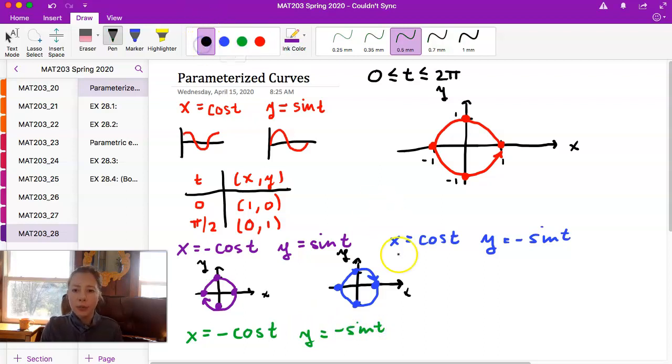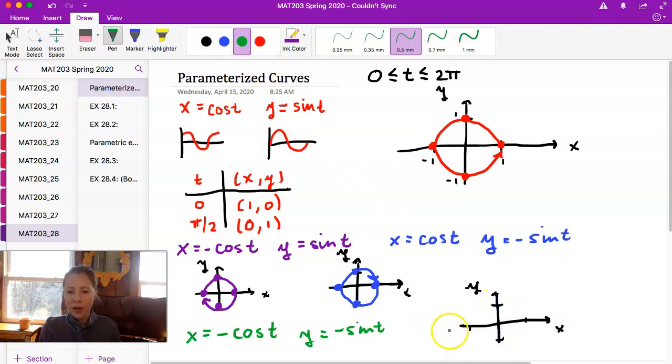Like our second example, we're going to be starting at minus 1, 0. But then if we plug in pi over 2, we end up at 0, minus 1. So we're starting at minus 1, 0, and we're drawing our unit circle counterclockwise.